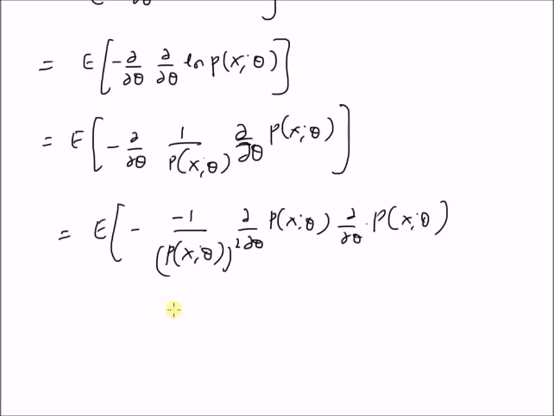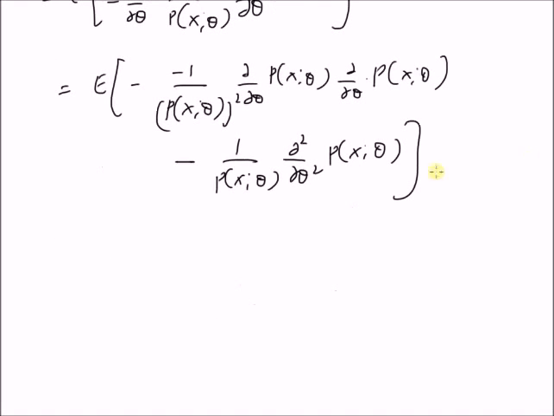and then the second term is minus 1 by the likelihood function multiplied by the derivative of this first derivative, which is the second derivative of the likelihood function. So we are left with the expectation of minus, or minus is plus, the derivative of the likelihood function, and the derivative repeats.